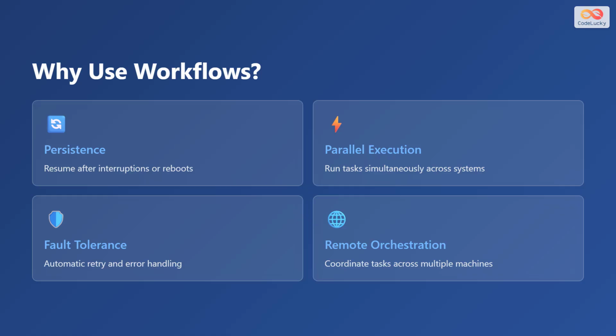Third is fault tolerance, with automatic retry mechanisms and built-in error handling that make your automation more reliable. And fourth is remote orchestration, giving you the ability to coordinate complex tasks across multiple machines from a single workflow. These features combined make workflows perfect for scenarios like patch management, system provisioning, or any task that needs to run across many servers.